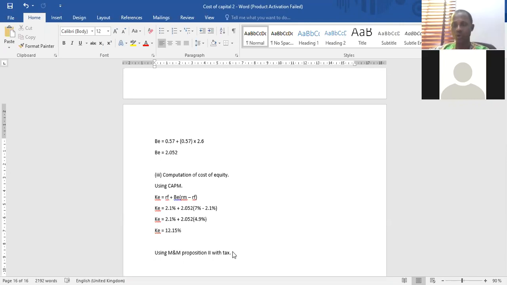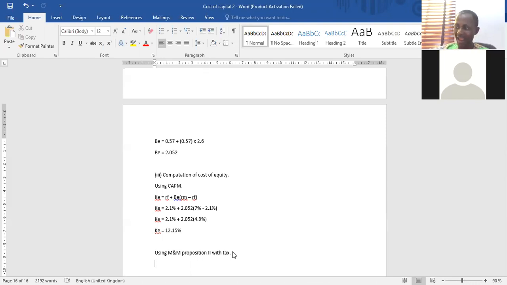When you have two different companies, and the first company is ungeared, while the second one is geared. If I have two companies, one ungeared and the other geared, and I know the cost of equity of the geared company, I can use it to compute the cost of equity of the ungeared company.